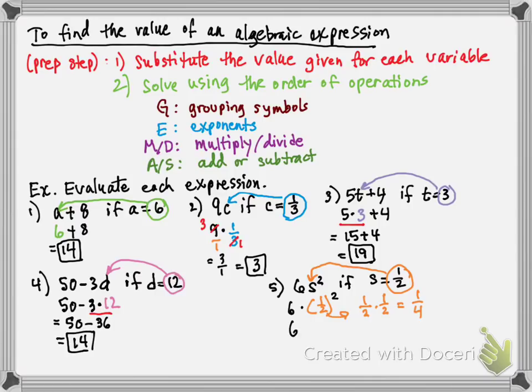So this problem now becomes 6 times 1/4. Now what's interesting is I can give a denominator of 1 to my 6. Oops, I forgot to put the 1. I put the fraction bar, but not the 1. Oops, there we go.